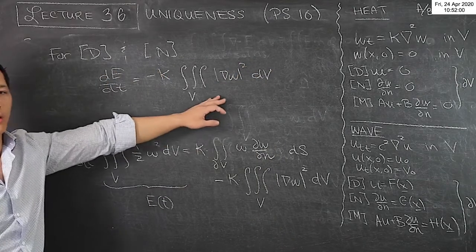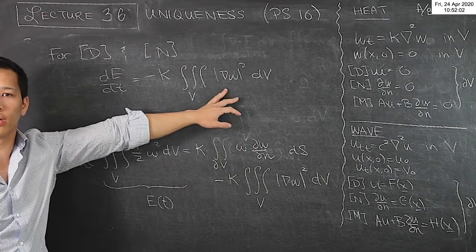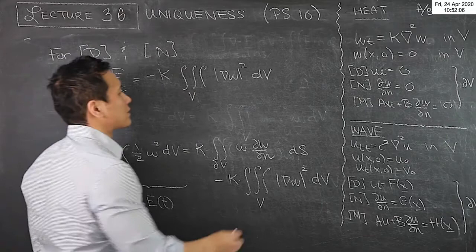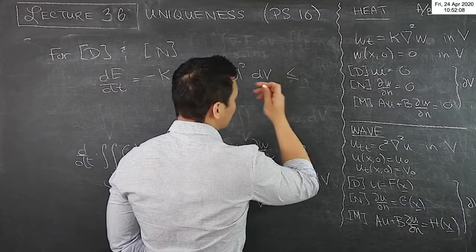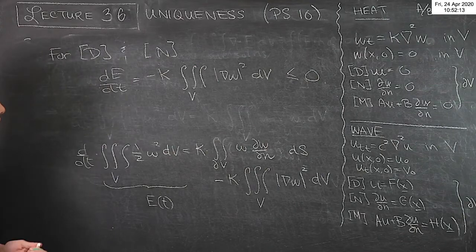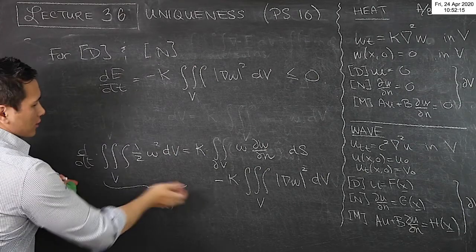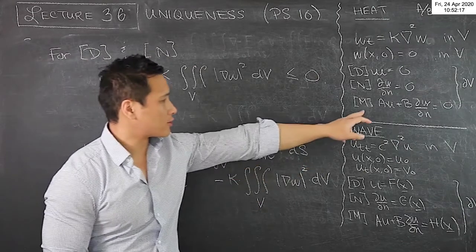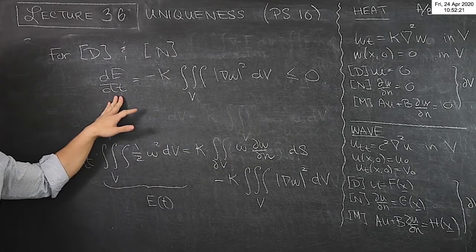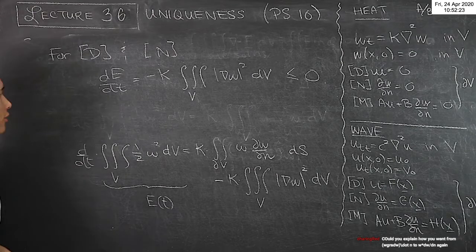However, this is a triple integral over a squared quantity, so this integral is always positive, and hence the right-hand side is always negative, or less than or equal to 0. Okay? So now I'm going to try to keep this here because I think I'll need it for the mixed condition in a second.